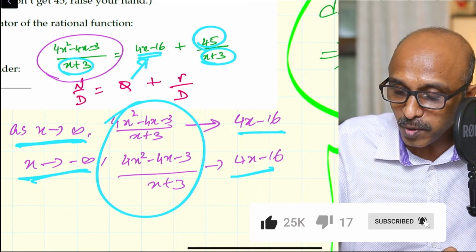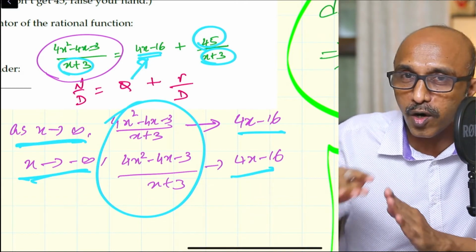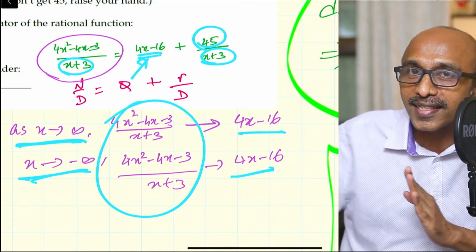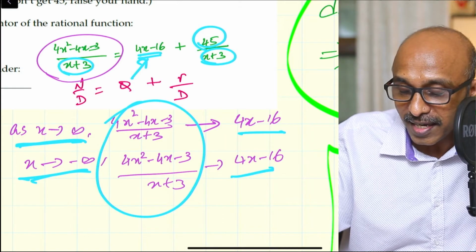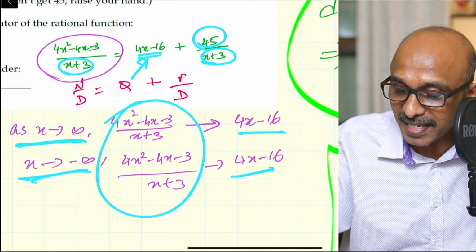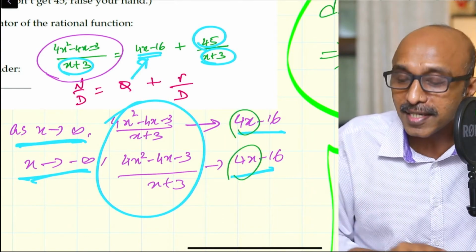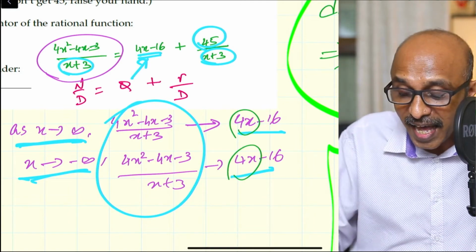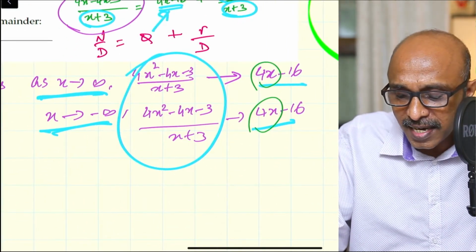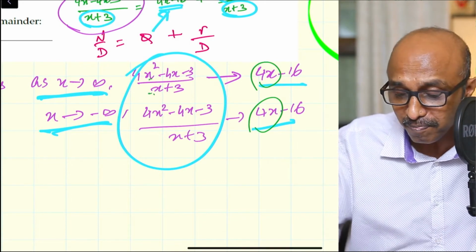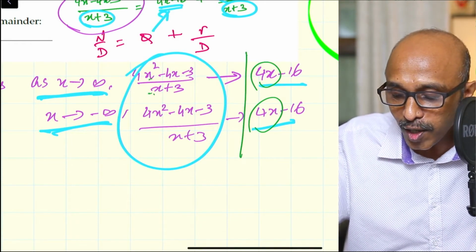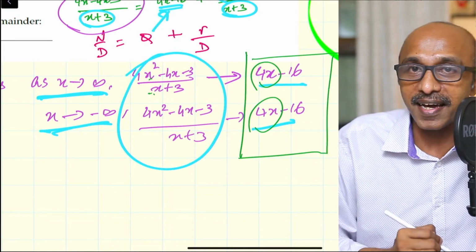But notice what's so different about this straight line compared to the horizontal line that we saw when we talked about horizontal asymptotes. This one is not horizontal. This one has a slope, which means that the end behavior of this rational function, where the degree of the numerator is greater than the degree of the denominator, is a non-horizontal straight line.